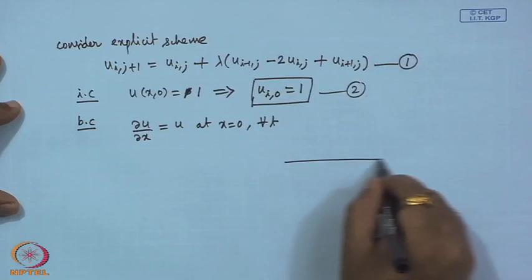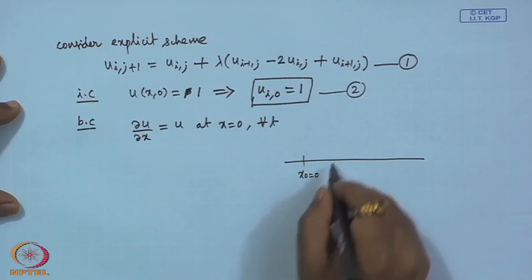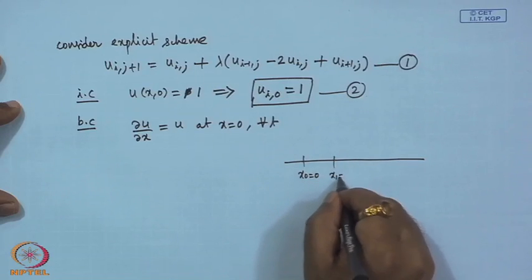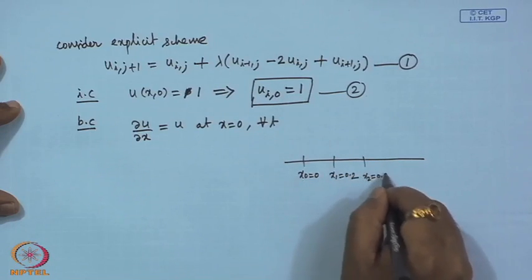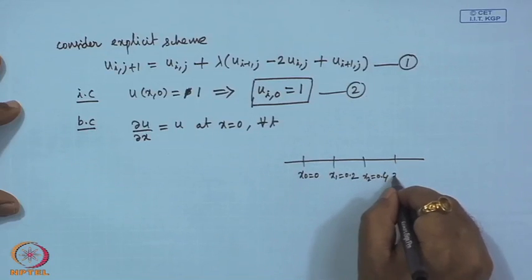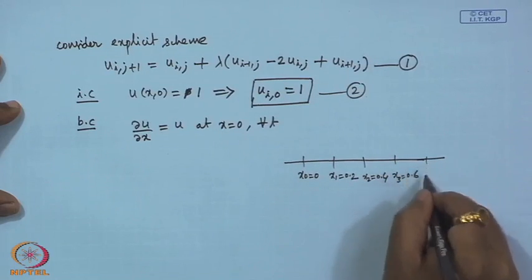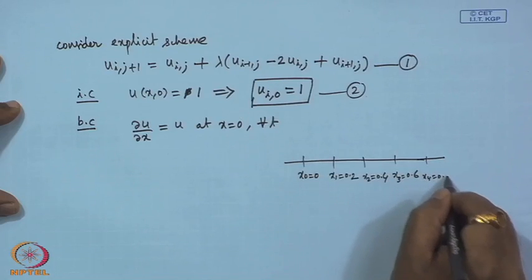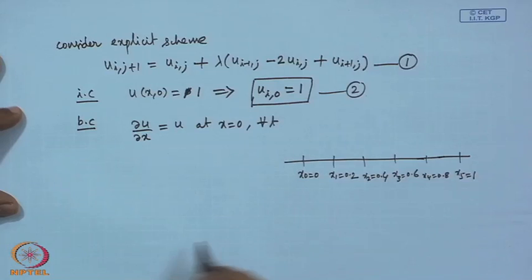Now, if you look at the grid, x 0 is 0, x 1 is 0.2, x 2 is 0.4, x 3 is 0.6, x 4 is 0.8, x 5 is 1.